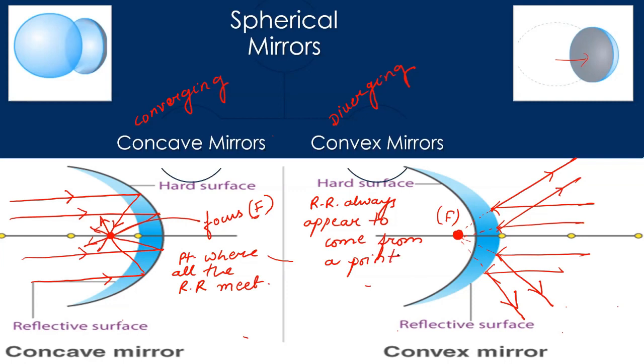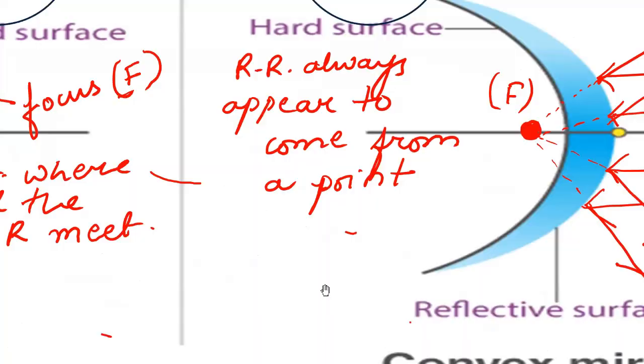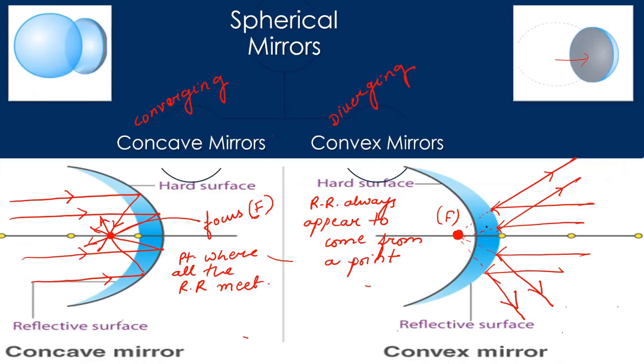Reflected rays always appear to come from a point behind the mirror. If you observe, this is the reflecting surface, the blue part. So this point would be behind the mirror. So diverged light rays always appear to come from a point behind the mirror. That point is called focus, or principal focus of convex mirror.